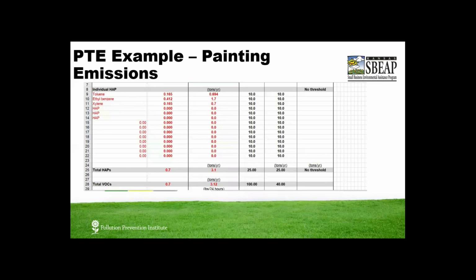The Summary tab lists the PTE emissions based on the annual usage that has been extrapolated to 8,760 hours. These are indicated in red. The Summary tab also calculates actual emissions based on a 12-month period and based on the annual usage.